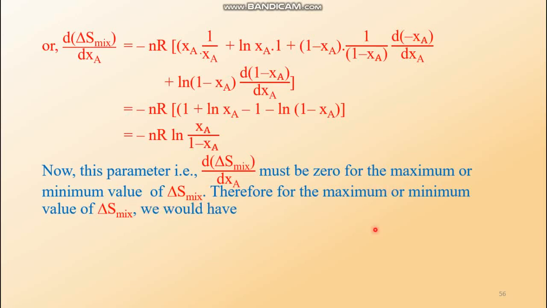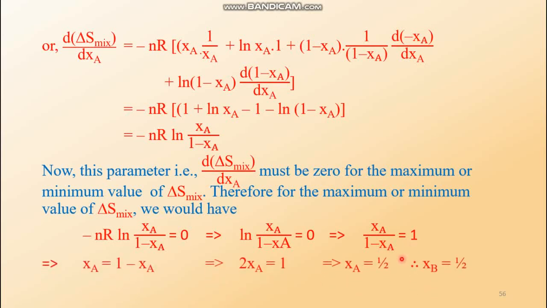Minus NR is constant, so ln XA by 1 minus XA is equal to 0. That means XA by 1 minus XA equal to 1. That means XA equal to 1 minus XA, or 2XA equal to 1, or XA equal to half. So XB is also equal to half.